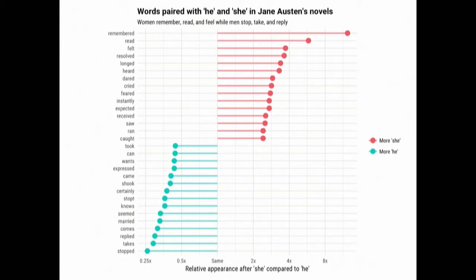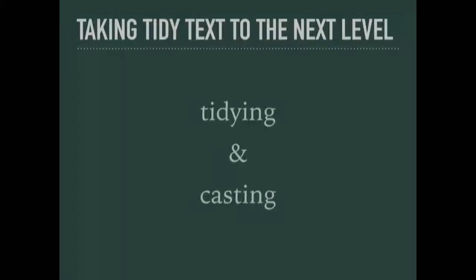So in Jane Austen's novels, the words that have a higher likelihood of coming after she are words like remembered, read, and felt, whereas words that have a high likelihood of coming after he are words like stop, take, and reply. So we're able to get at how does Jane Austen portray gender by looking at n-grams here. This is just one example of the power of extending these kinds of techniques.